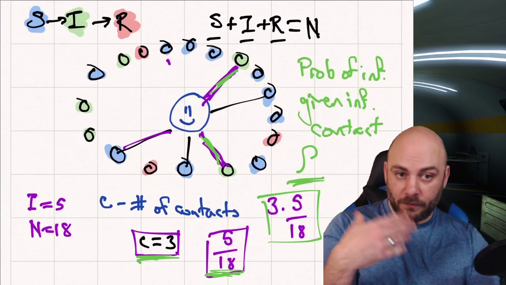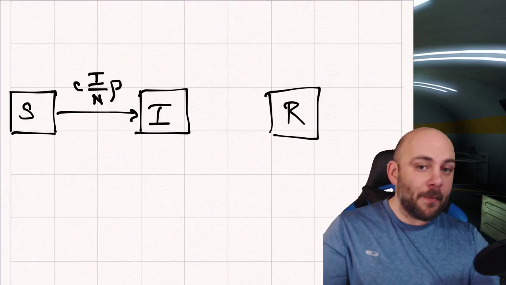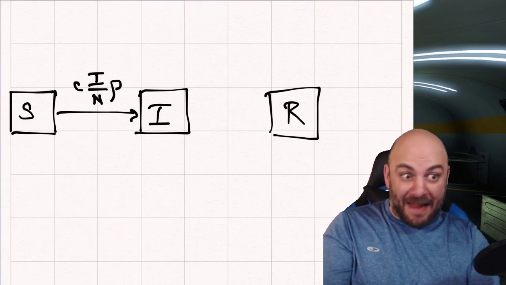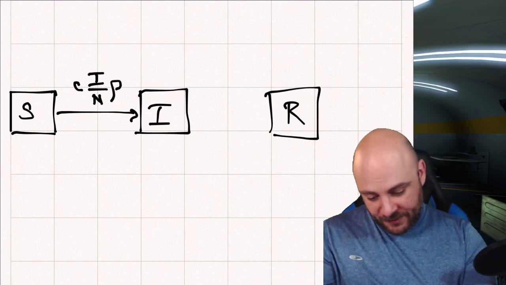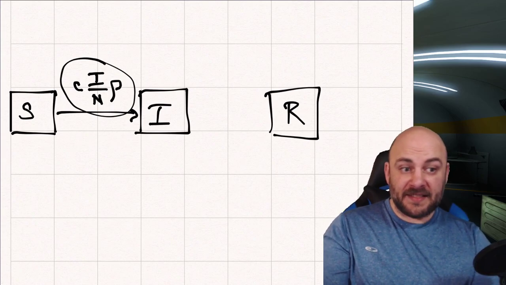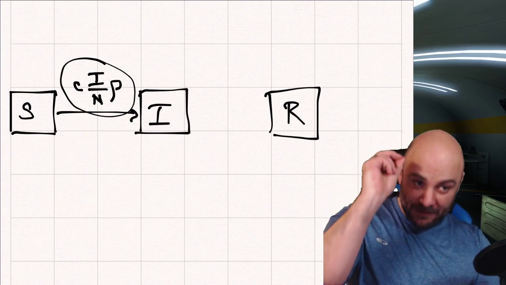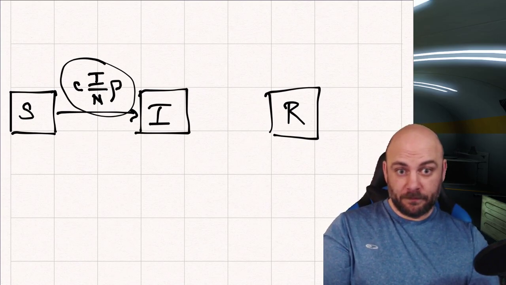Okay. Now that was just for me, or for you, that one smiley person. But how many smiley people are doing this? Every single person in S. So this little rate that we just wrote is going to be multiplied by S because each individual is participating in this action. Sound good?